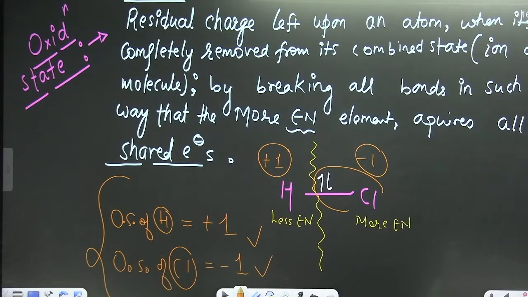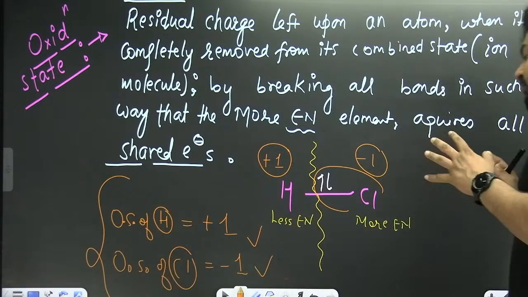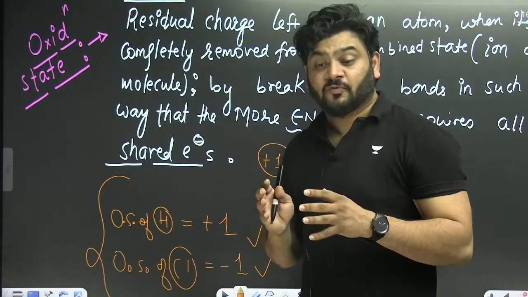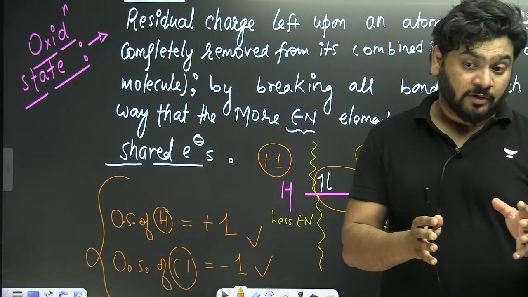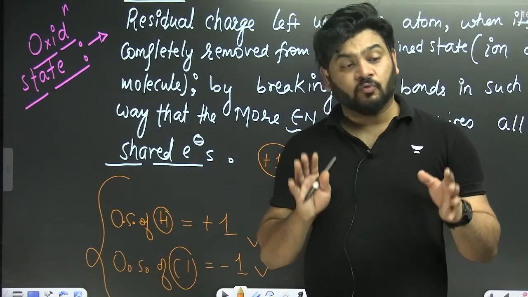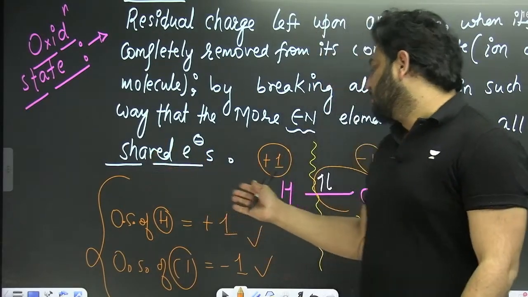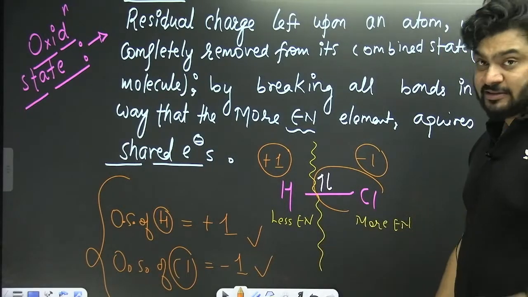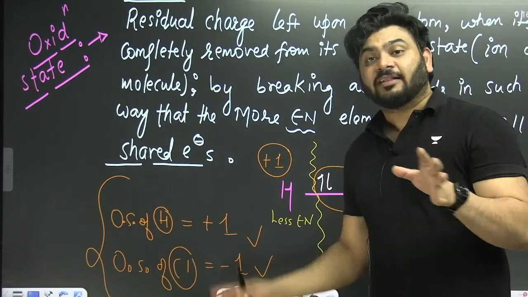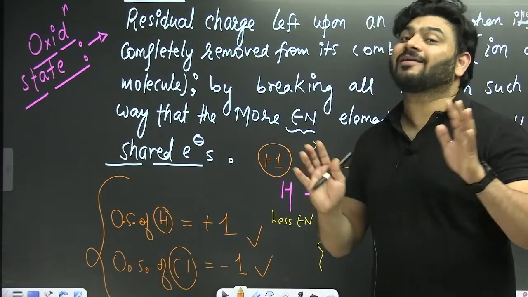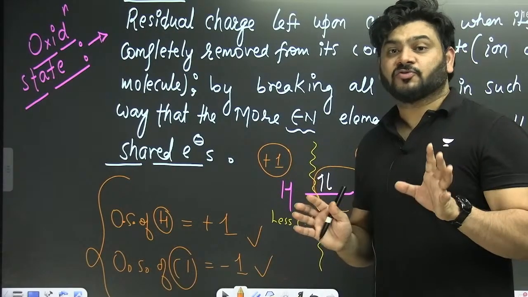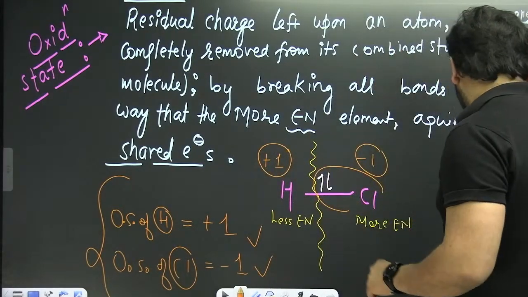I'll take you to some more difficult examples from here, but right now try to grasp the concept first of all. There are so many shortcuts to find oxidation number, and once you come to know the shortcuts you can use them, but the process of breaking the bonds is the concept that never gives you an incorrect answer. It will always give the correct answer.